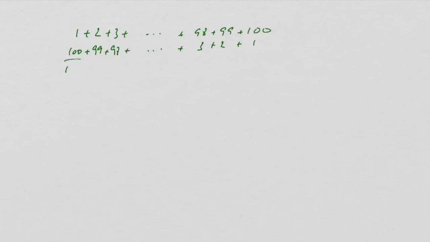And you'll see that each pair adds up to 101. Now, if we call the first line the sum up to 100 and the second line the sum up to 100, then the third line is 2 times the sum up to 100.